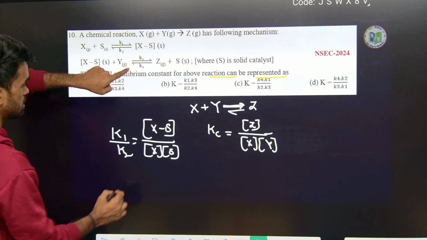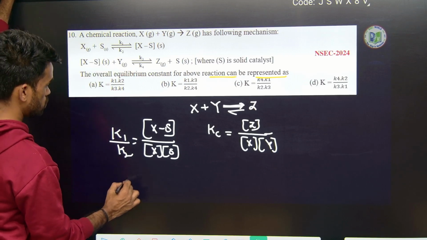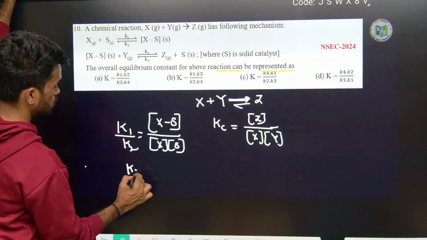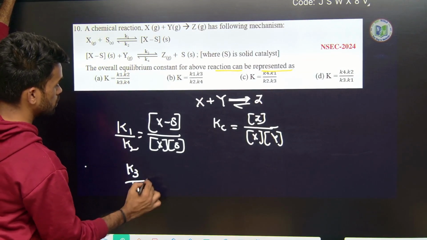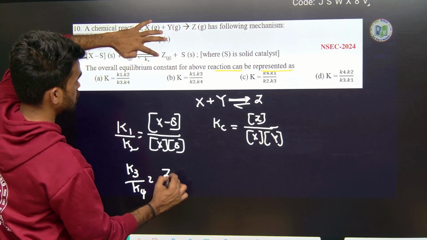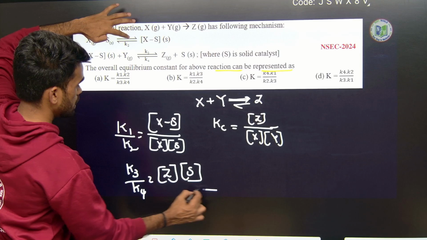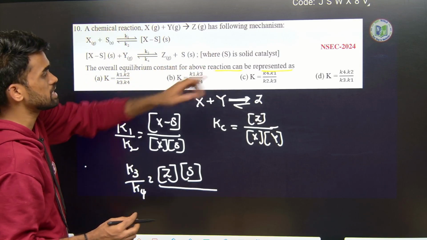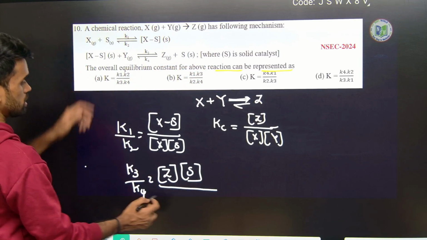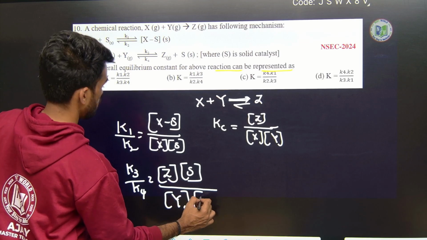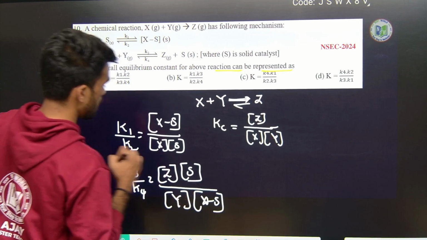For this, K3 by K4 equals concentration of Z multiplied with concentration of S, divided by, so S is a solid catalyst they are saying, on this side we have Y multiplied with X minus S. Like this we can write.